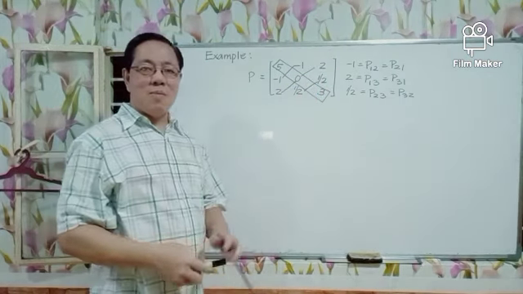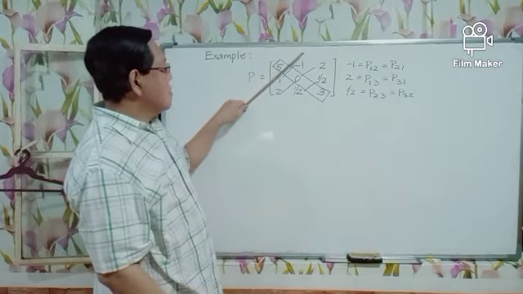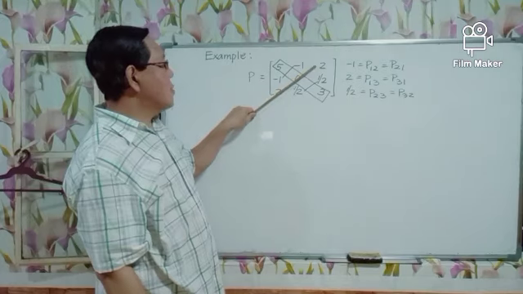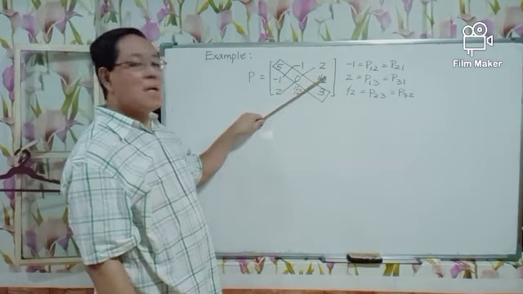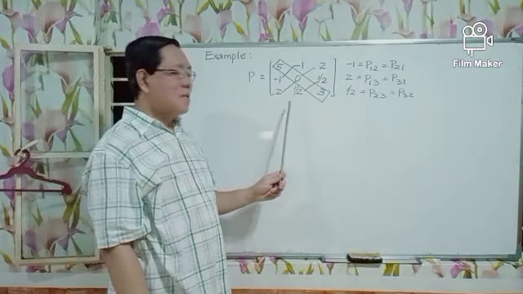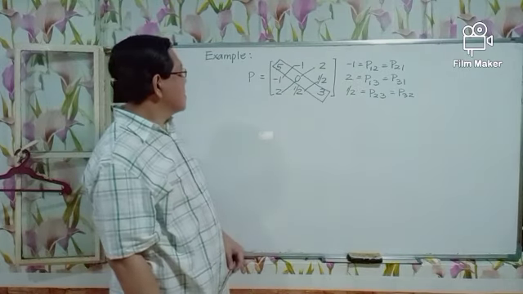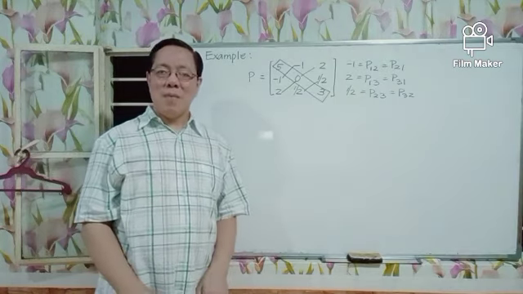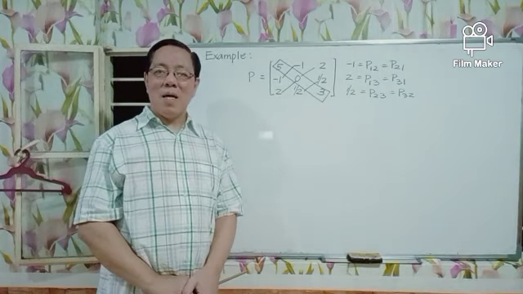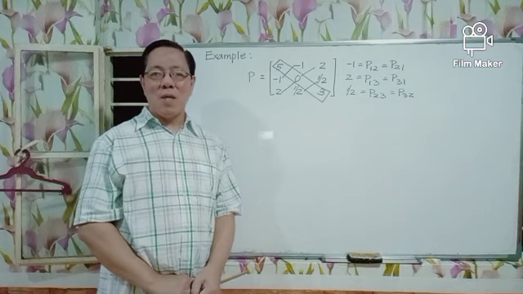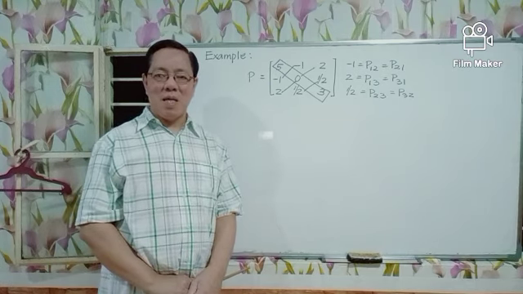We have -1, -1, 2, 2, and 1/2, 1/2. So this square matrix A is a symmetric matrix.